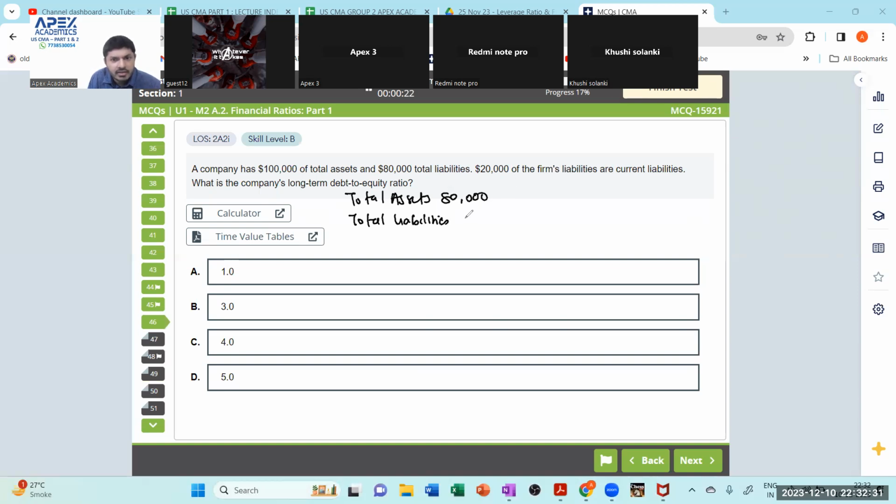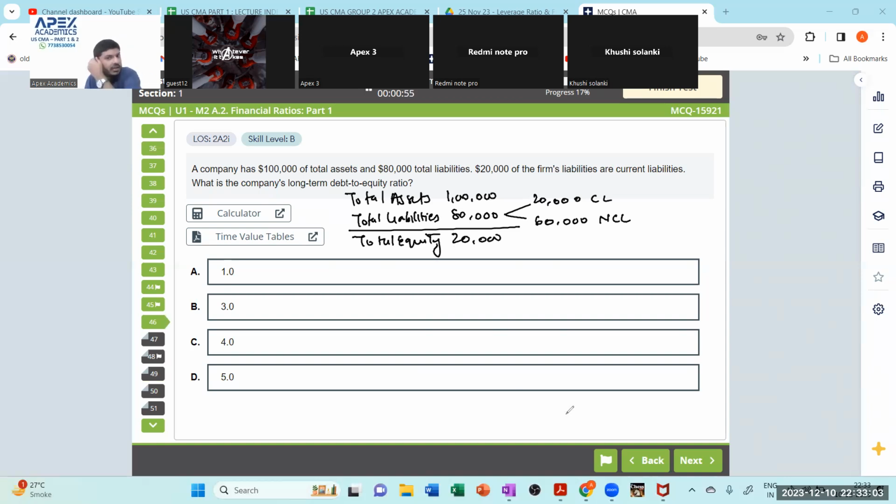Total assets are 1 lakh and total liabilities are 80,000. This 80,000 is broken into 20,000 as current liability. So obviously 60,000 will be your non-current liability, and obviously 20,000 will be total equity.